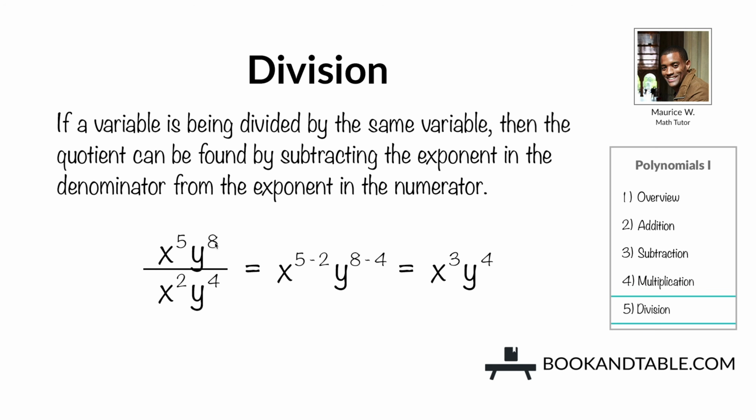And y to the 8 divided by y to the 4th is equal to y to the 8 minus 4. And that would be equal to y to the 4th. So you divide coefficients by coefficients, and you divide variables by their like variables by subtracting the exponents in the denominator from the exponents in the numerator.